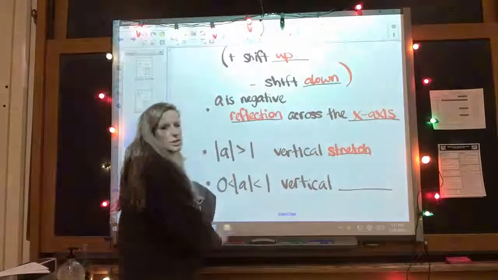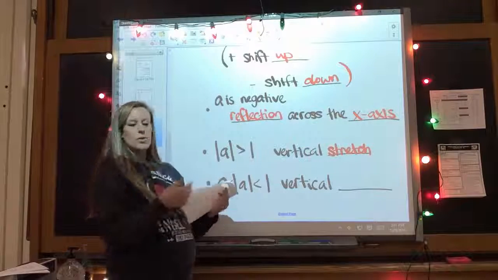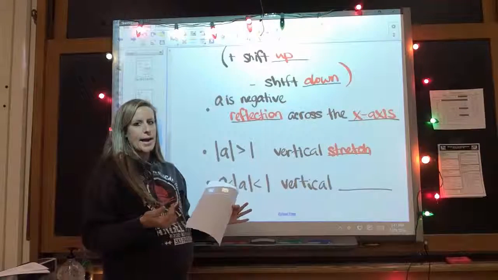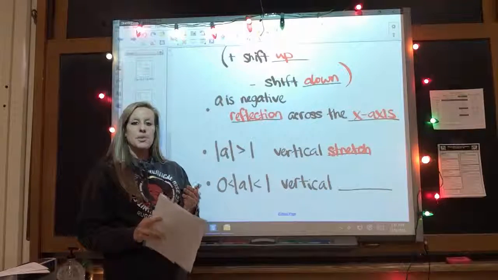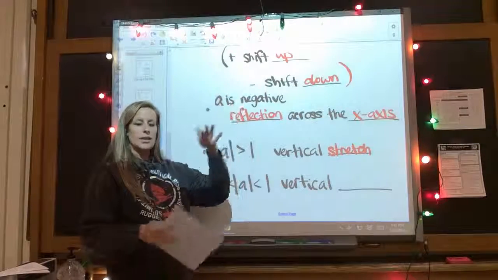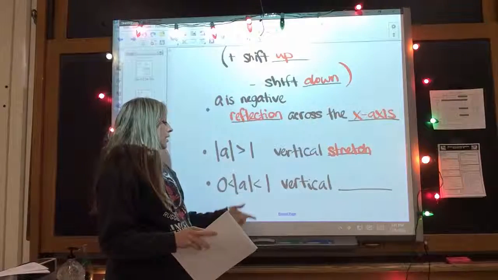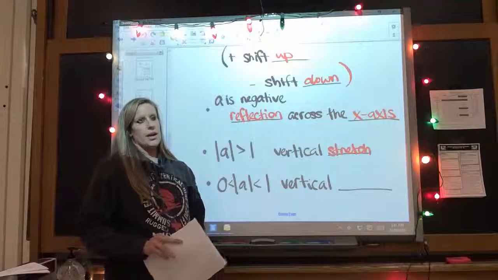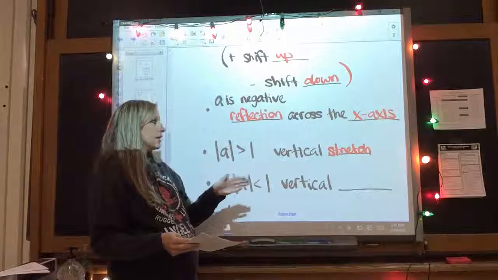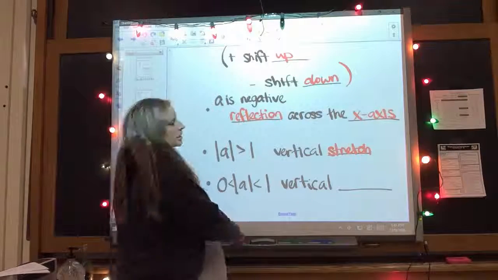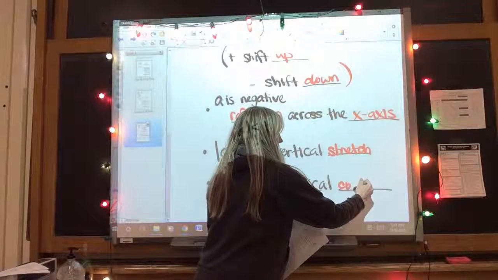And up to now, we've just said it stretches by a factor of 3, or it stretches by a factor of 1/2. But technically what's going on, if you have a number bigger than 1, it's going to stretch it vertically and be a little bit steeper, depending on the number. And if you have a fraction there, it's going to compress it and be flatter than a bigger number. So the better way to say it is a vertical stretch or a vertical compression.